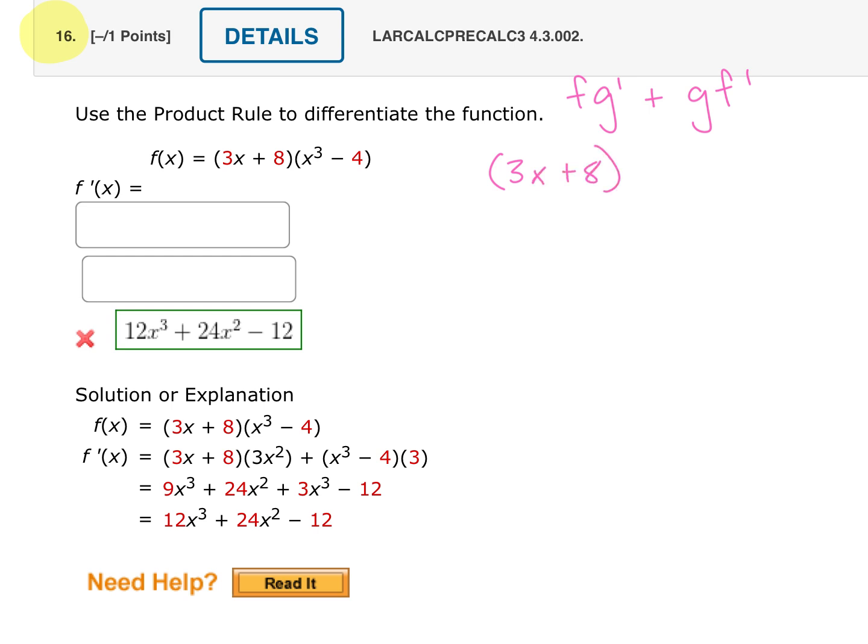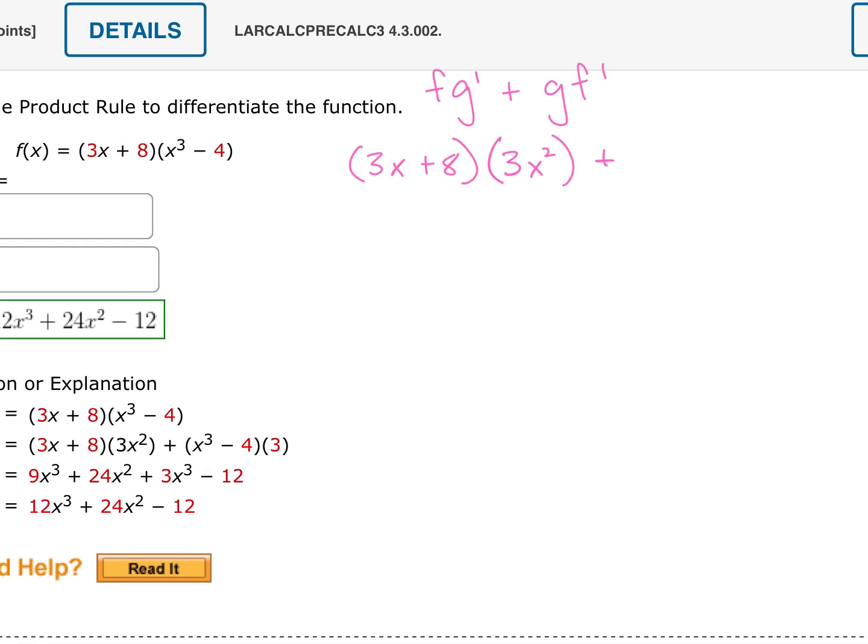What's the derivative of x cubed minus 4? 3x squared, perfect, plus the second, which is x cubed minus 4, times the derivative of the first. What's the derivative of 3x plus 8? Three. Awesome.